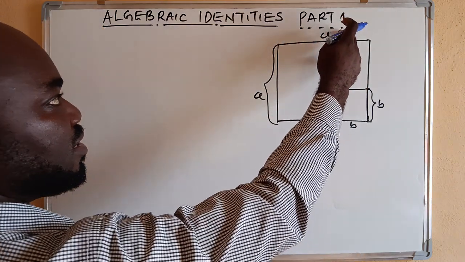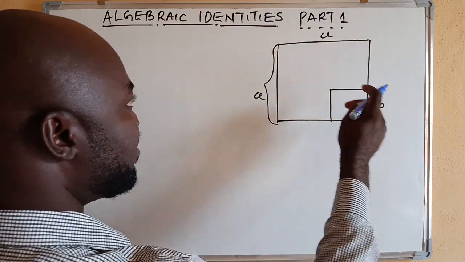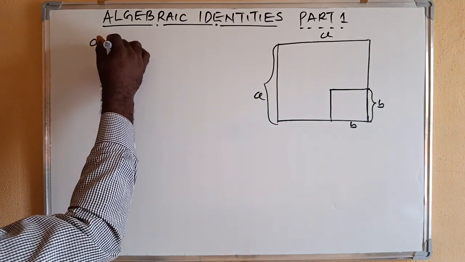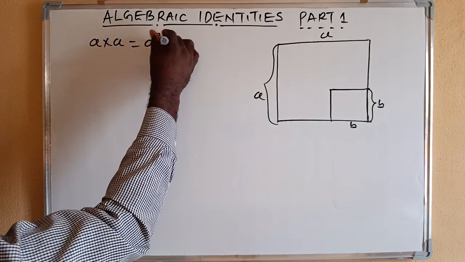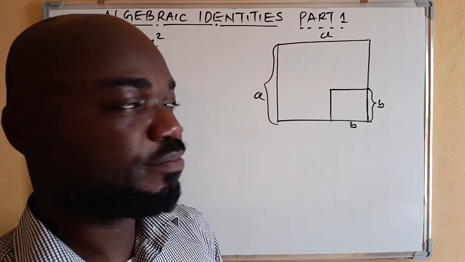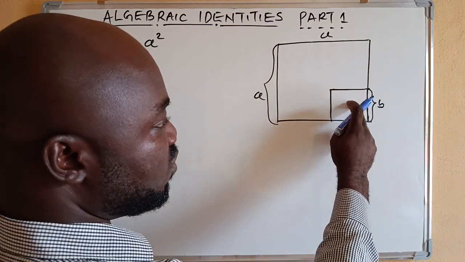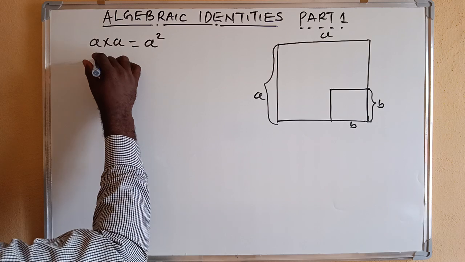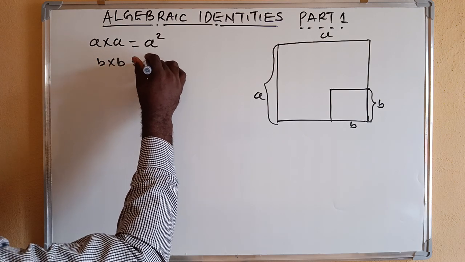The area of the big square is A times A, which is A square. Please follow me closely. The area of the small square is B times B, which is B squared.